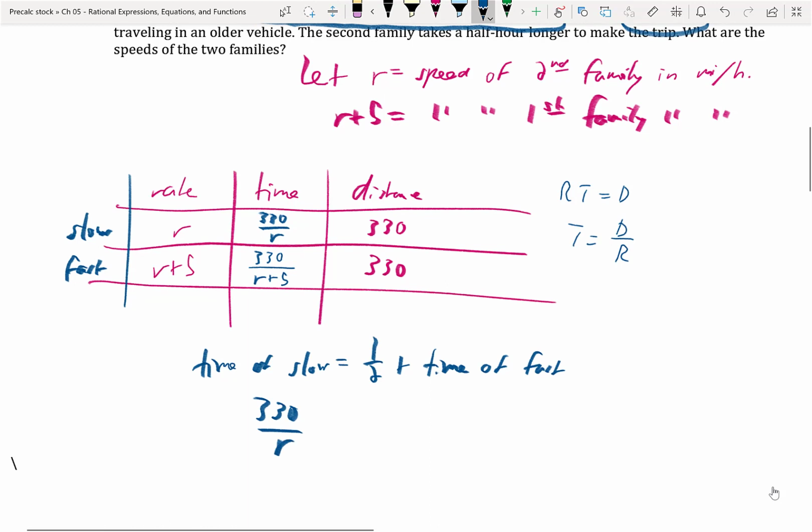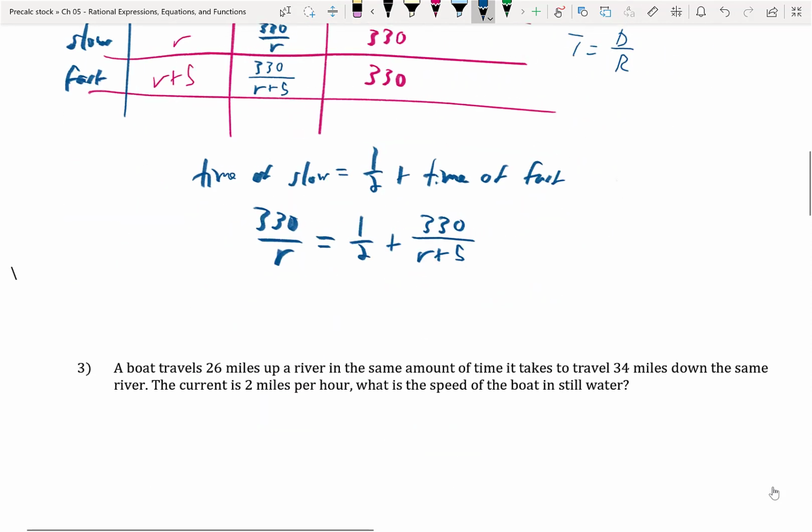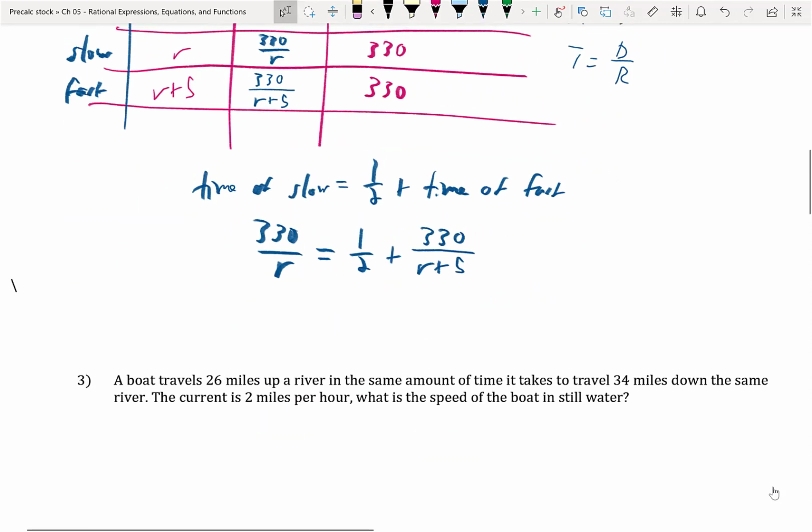330 over r equals a half plus 330 over r plus 5. Now this is the equation we have to solve. So I'm going to multiply the left side and the right side by the least common denominator of, I have a 2, an r, and an r plus 5.